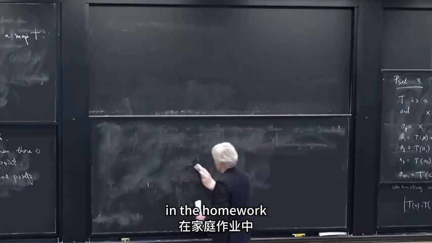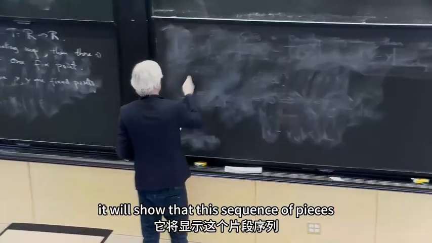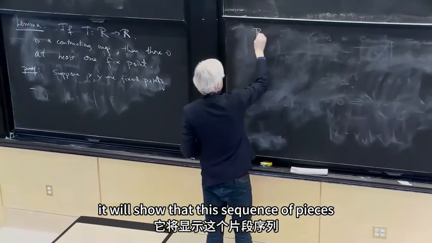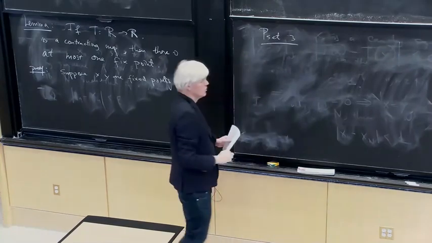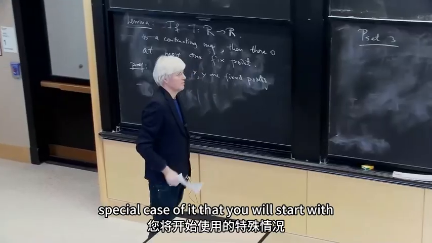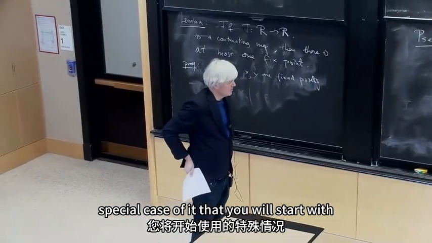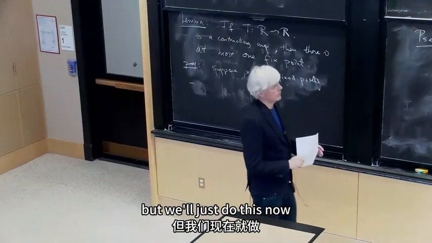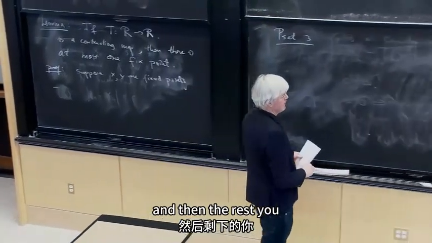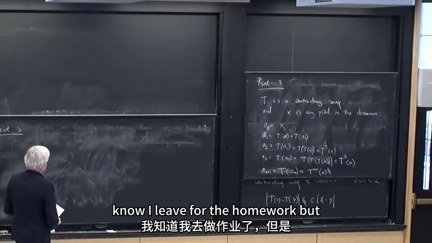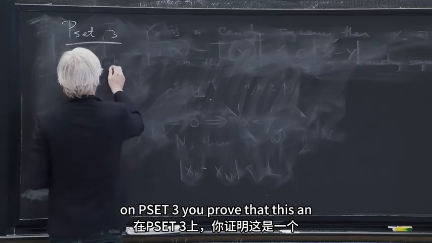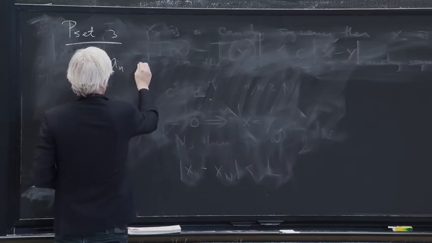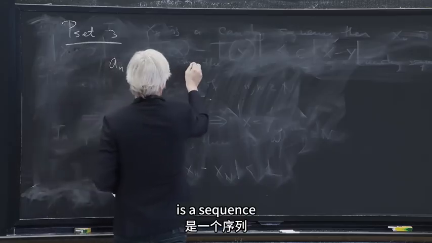So if you form that sequence, then in the homework you will show that this sequence, so PZ3, and I will just do a special case of it now, and then the rest I leave for the homework. But on PZ3, you prove that this a_n is a Cauchy sequence.